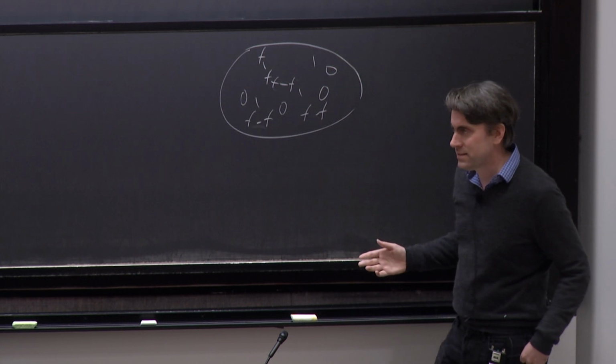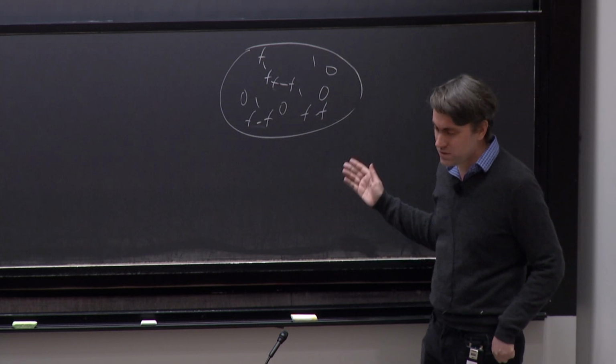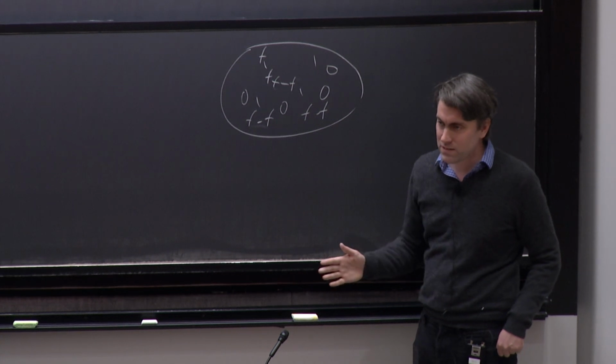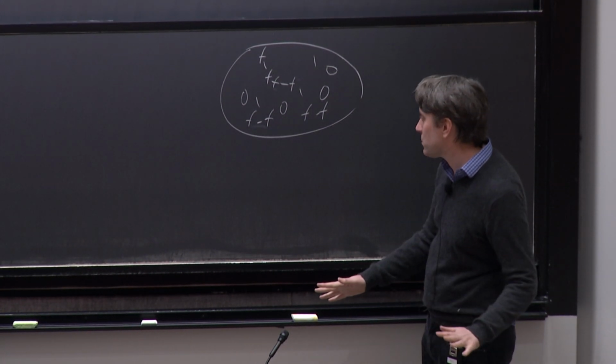And for random 2-SAT, it's actually much simpler. The critical density is just 1. This was worked out in the early 90s, and it's just a branching process argument.